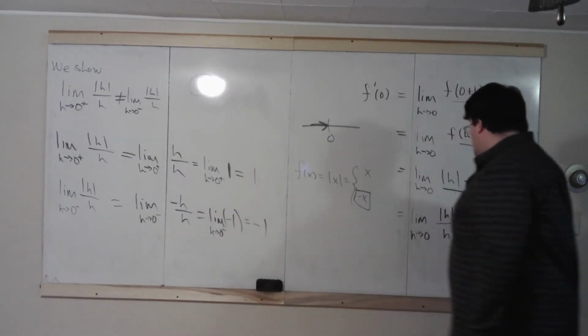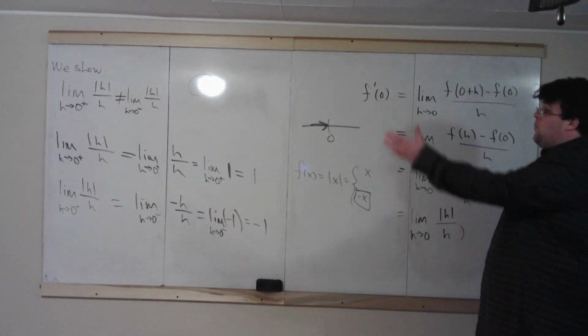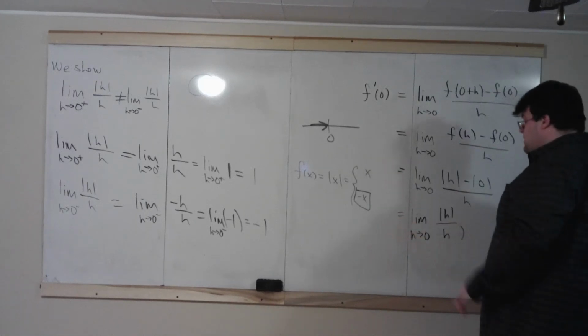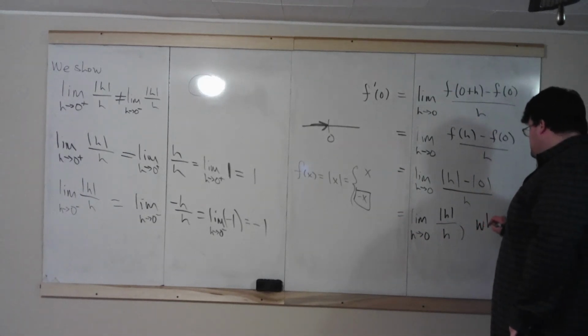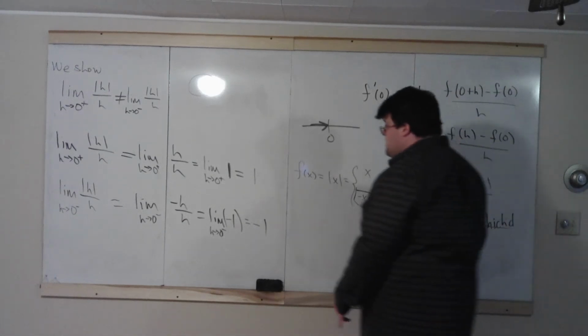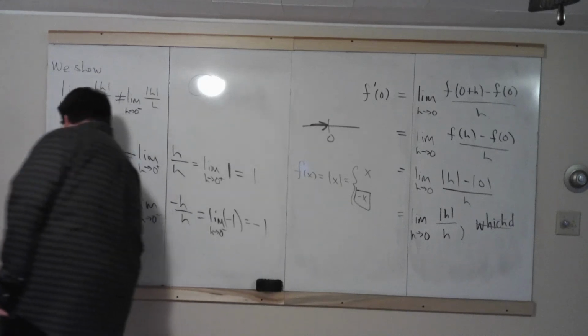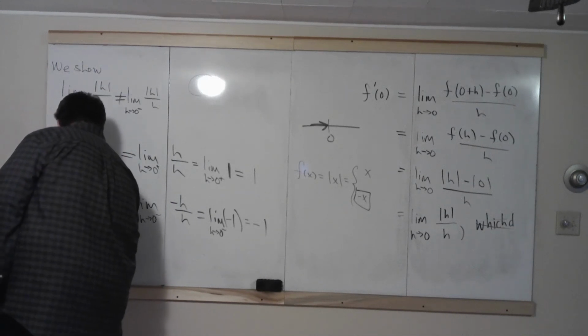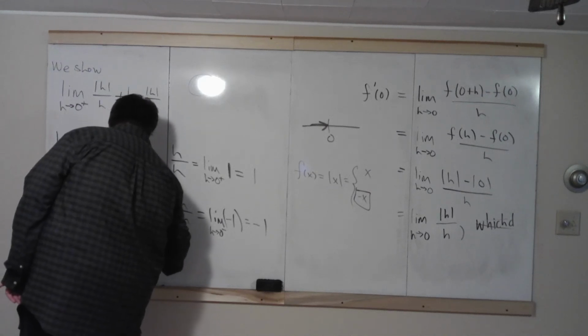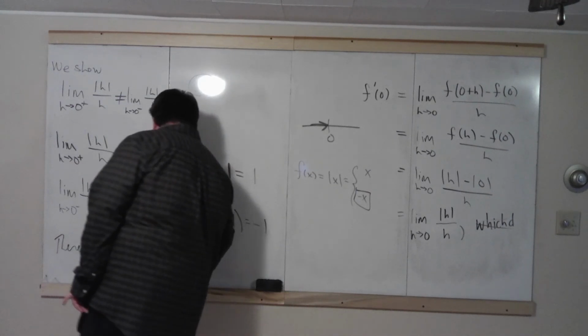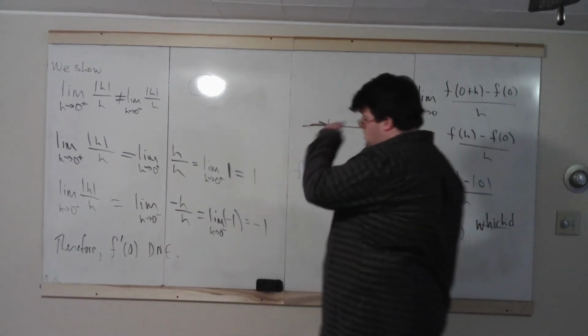So I'm just going to write over here, that work should have gone under this kind of. Let's say, therefore, f prime of 0 does not exist, dne.